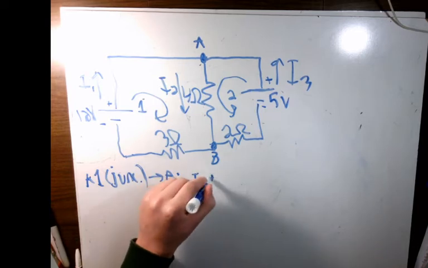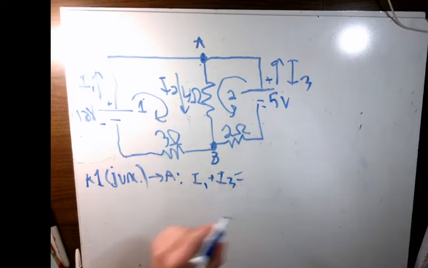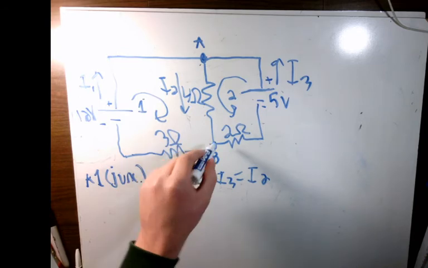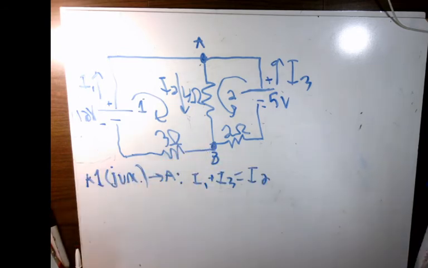So I1 plus I3 equals I2. And for B, we have I2 coming in, I1 and I3 coming out, so we have a redundant equation. I'm not even going to bother writing it this time. So here's our first equation. In turn, we can substitute I2, nice and easy from that one.